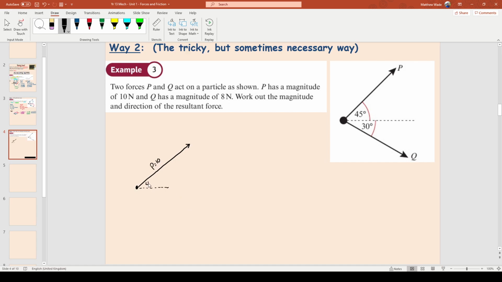Okay, we had a little angle given with P as well. That was 45 degrees. Okay, and now what we're going to do is we're going to redraw Q, but we're not going to draw Q where it started, here acting on the force, but at the end of P. So it's a bit like the vectors that we've done this year and last, that you stack them tail to tip. So just redraw Q there. Okay, like that.